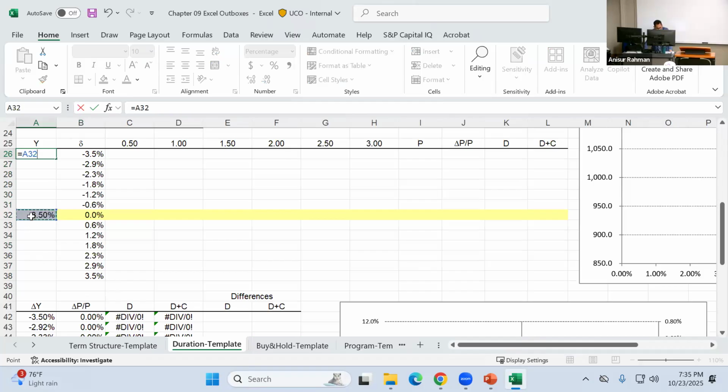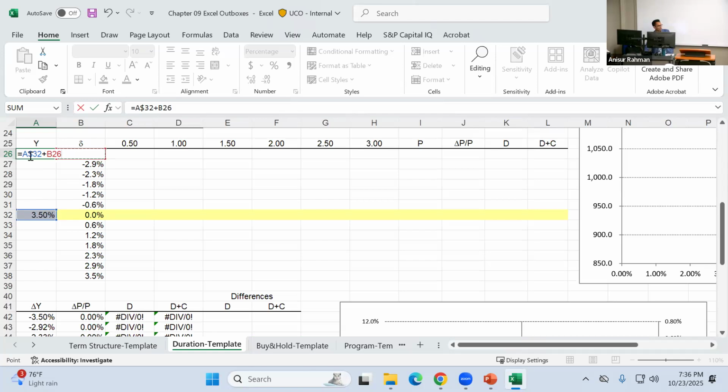this. I will lock the row plus this B26. Right? So this is our original yield, and we are going to evaluate the bond price at each level. So this is the original yield, this is delta Y, right?